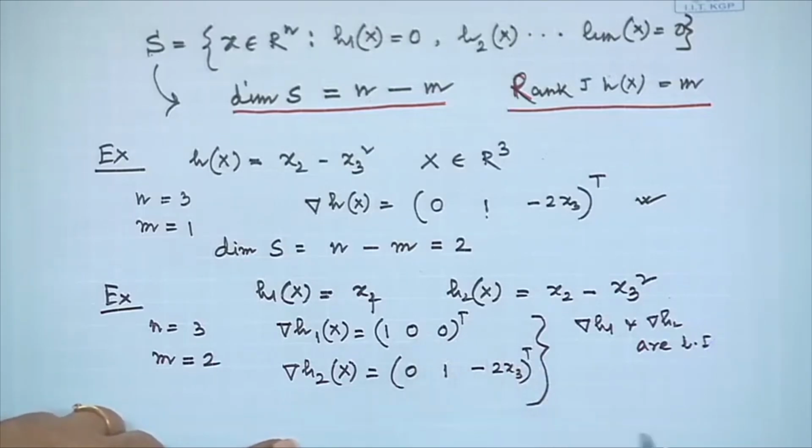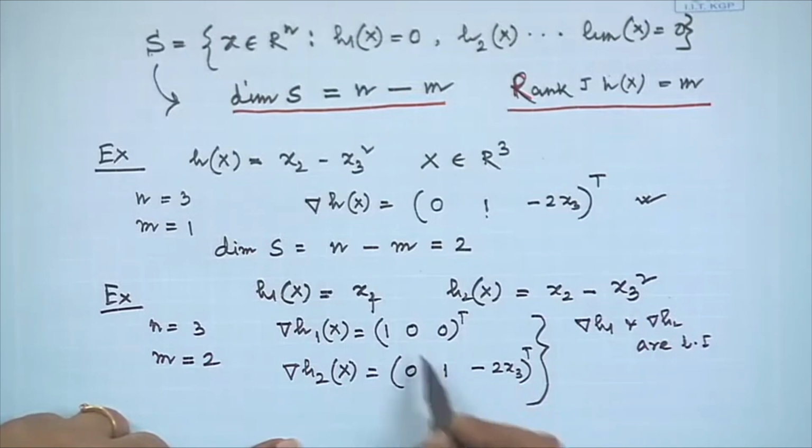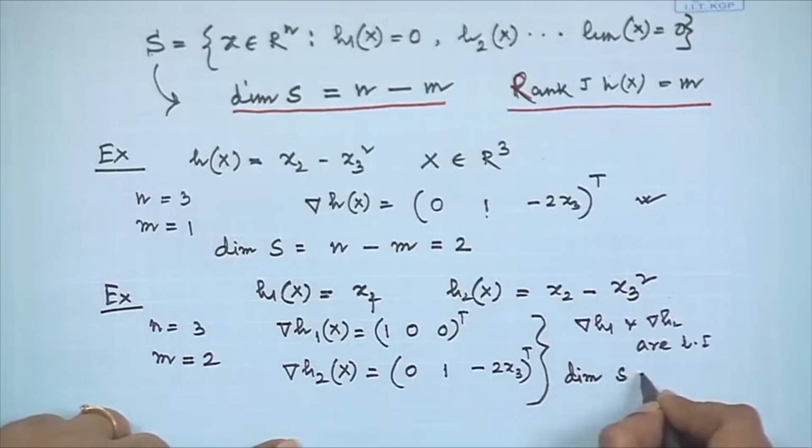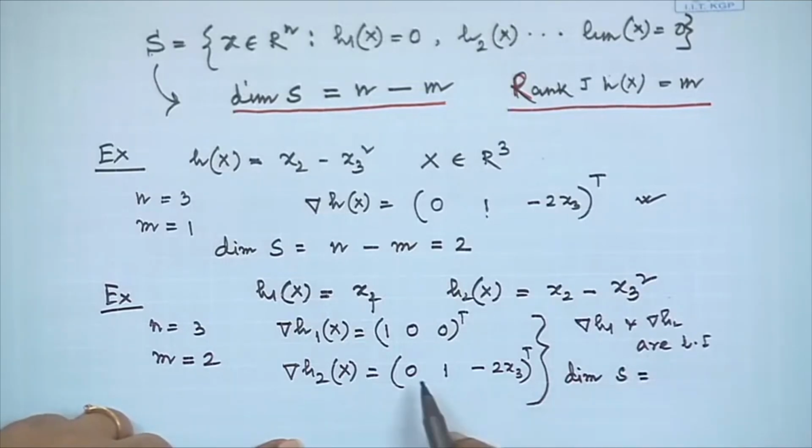One cannot be expressed in terms of the other. You can very easily find it out. And not only that, from here we can say the dimension of S is equal to that dimension. What is the dimension for this thing?